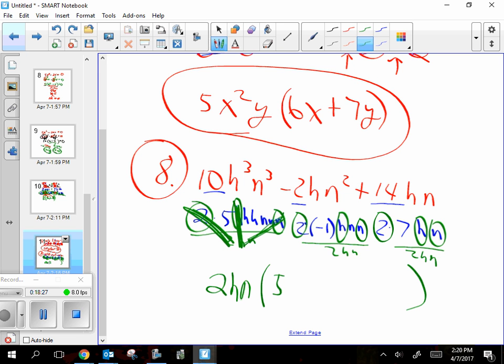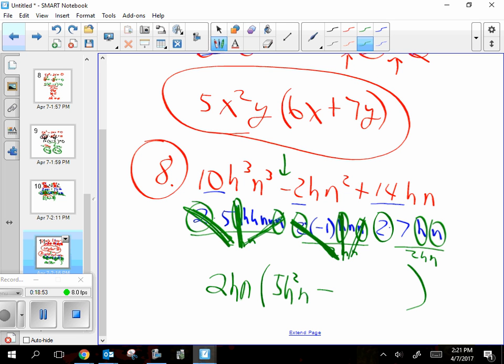That's gone, that's gone, that's gone, and now I got to say what's left. 5hhn. It'd be kind of dumb if you put it this way, because it doesn't look very professional. 5h what? Squared n. And then I go minus because this says minus. And what's left? The 2's are gone. The h's are gone. The n's are gone.